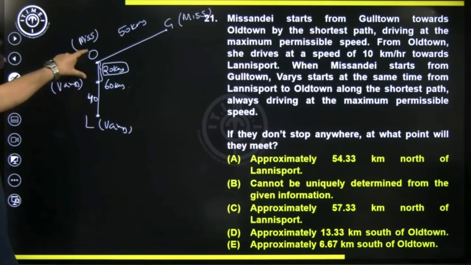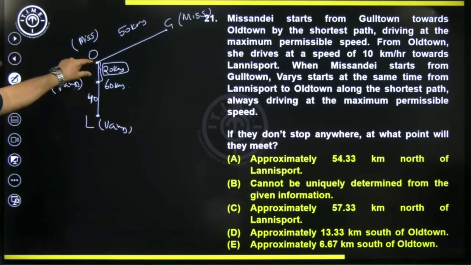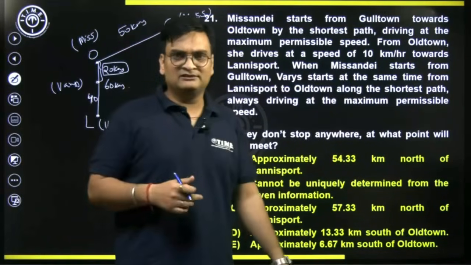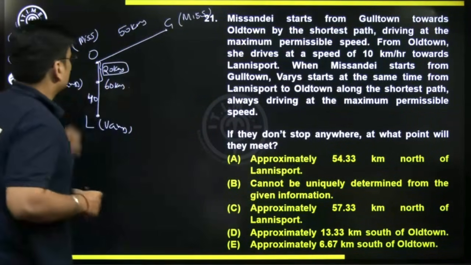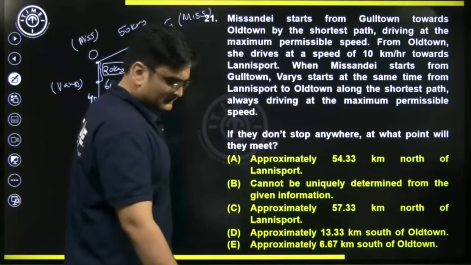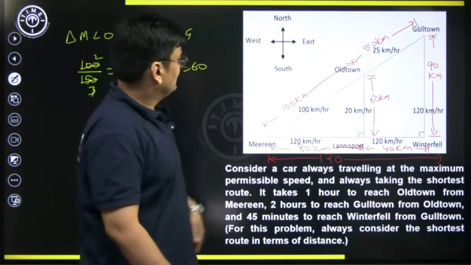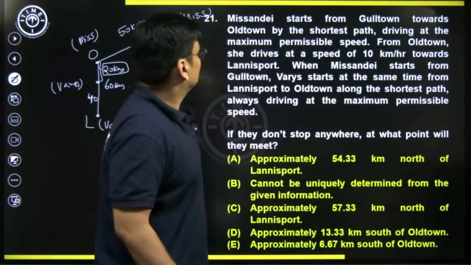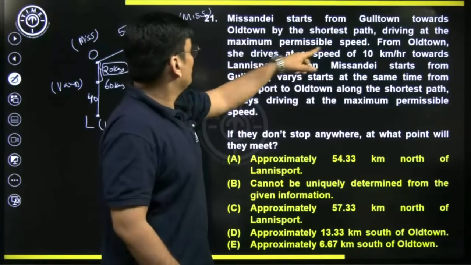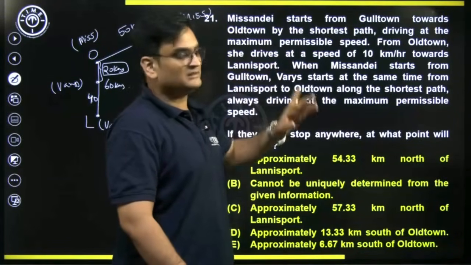This gap will be 20 kilometers. Now, please note, once they start moving towards each other on this path, both will be travelling at the same permissible speed, 20, right? I think it is 20 only, 20 kmph, right. Sorry, from Old Town she drives at 10, not at the permissible speed.